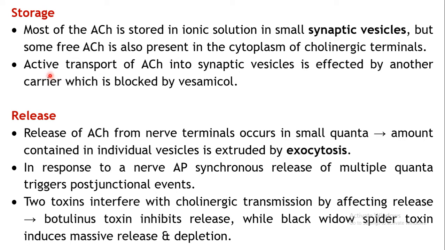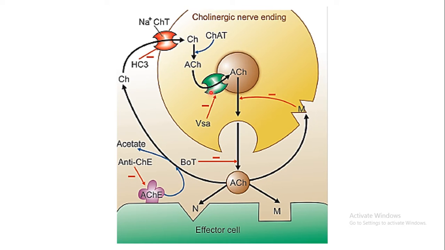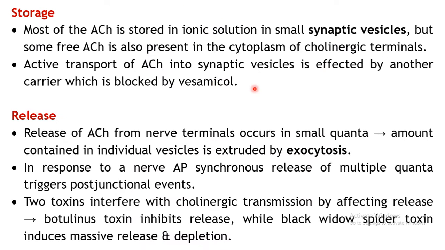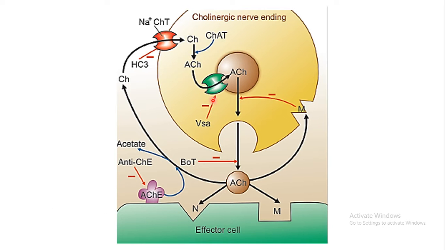Now this active transport which is utilized for the storage of acetylcholine can also be blocked by a particular substance, that is vesamicol. Vesamicol can inhibit this transporter. The minus sign indicates the inhibition.